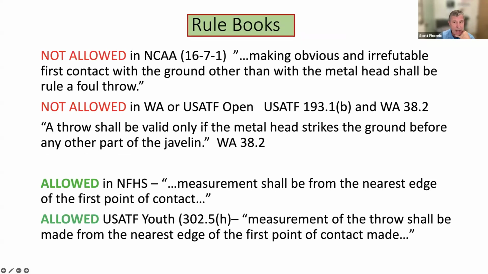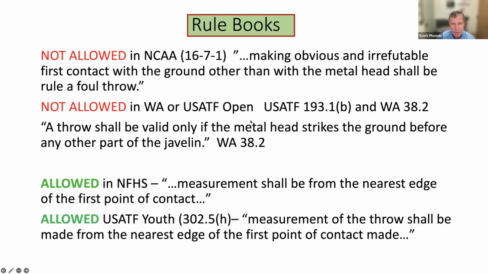So, the NCAA book has very interesting wording that differs from the other books. In the use of the word irrefutable, I think that's a grand word to use in all of the rules. But where it makes obvious, irrefutable first contact with the ground other than with the metal head.